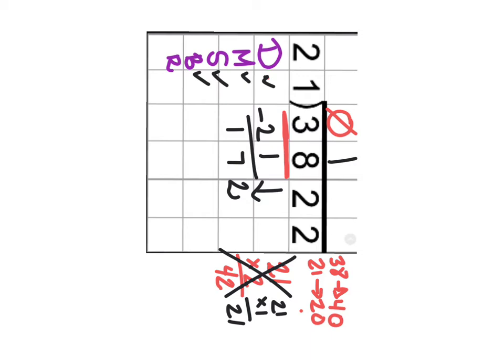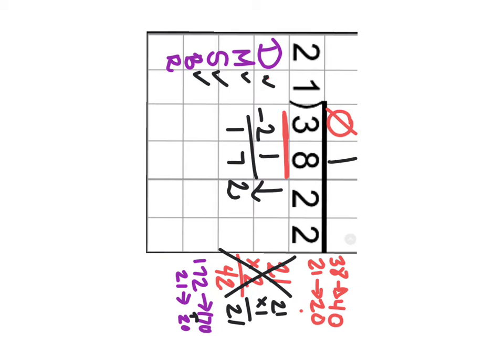So again, I need to take 172, which is not a number that's easy to work with in my head, and I need to divide it into 21 groups. All right, I'm going to round 172 to 170, and I'm going to round 21 to 20. And I'm going to ask myself, how many times will 2 go into 17? Well, 2 times 8 is 16.